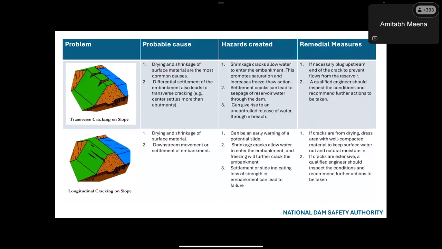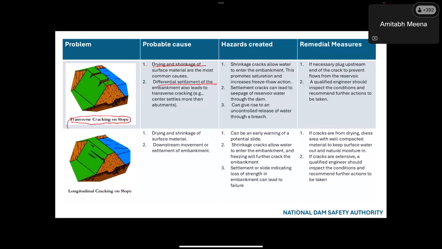These are transverse cracking on slope. These may be caused because of the drying and shrinkage of surface material or differential settlement of the embankment. So these may be two causes. Differential settlement means, as I have earlier also explained, that this portion of the foundation might have settled more as compared to this.